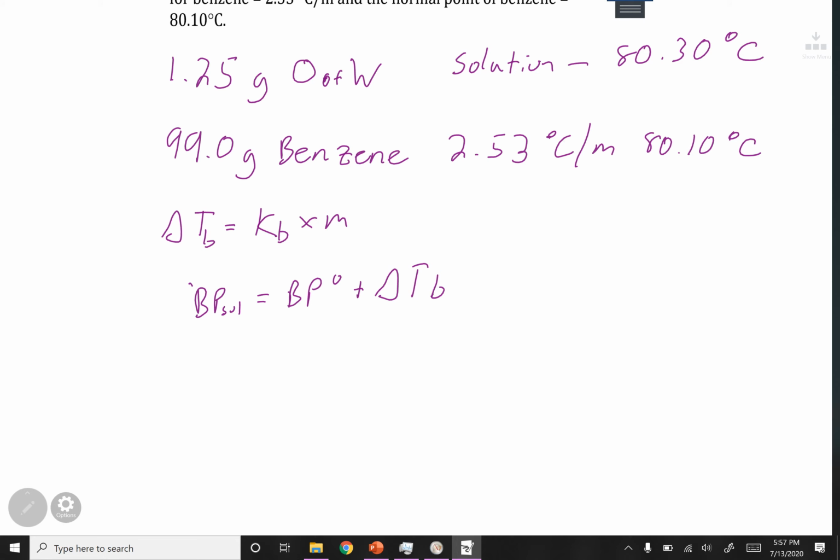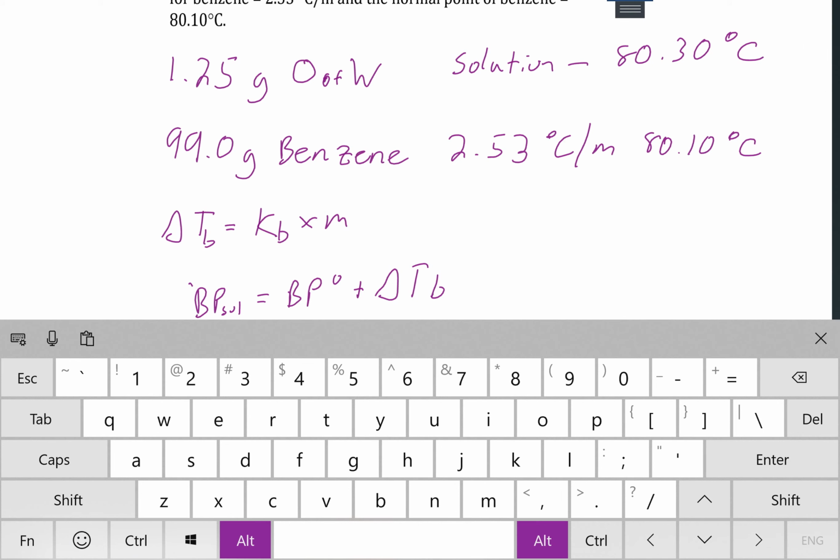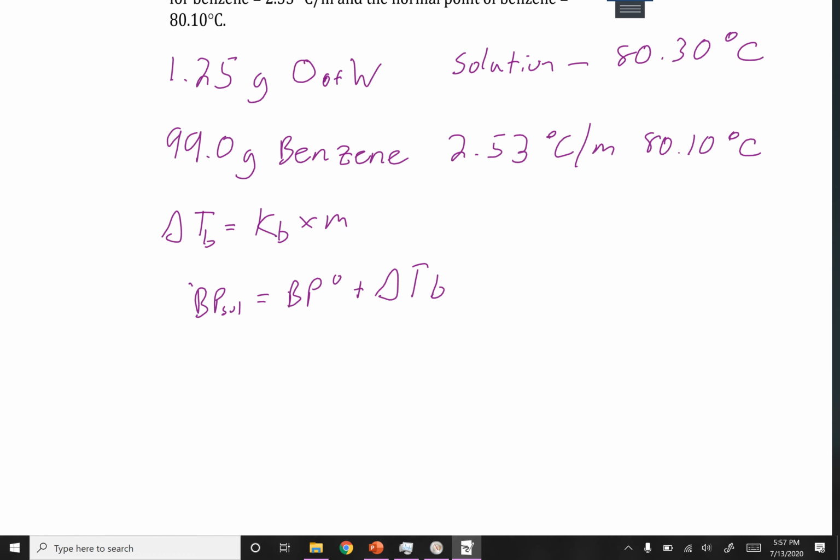I did this wrong at first, got a little overzealous there. Now we want to calculate the delta T, so we'll rearrange this to say delta T B is equal to... how do we solve this? First thing we have to do, I'm going to write this out for you guys, is subtract the normal boiling point from both sides.